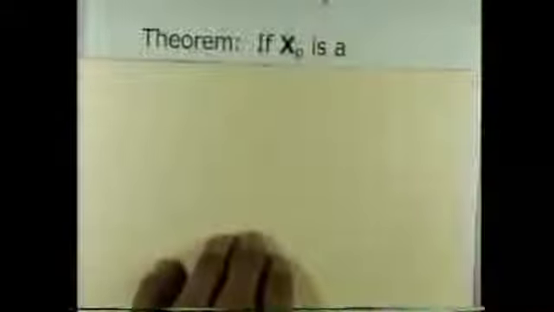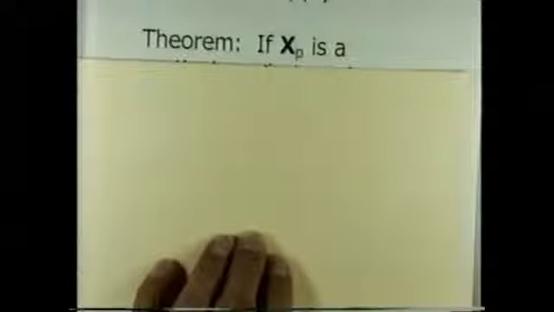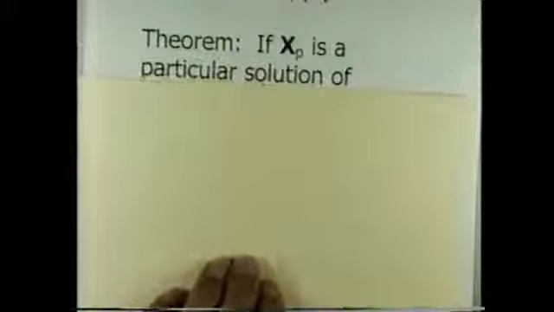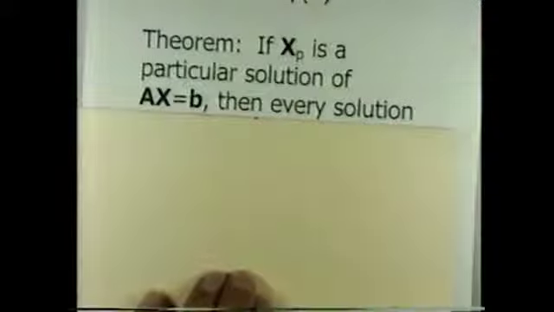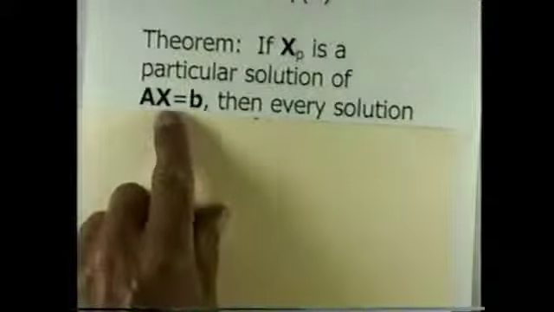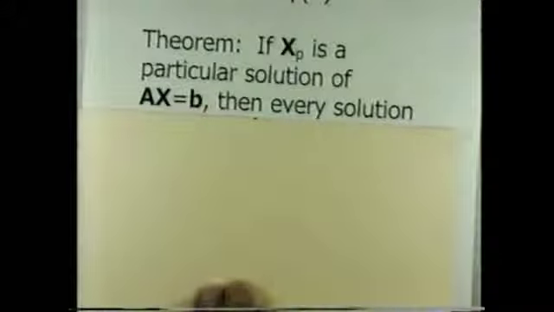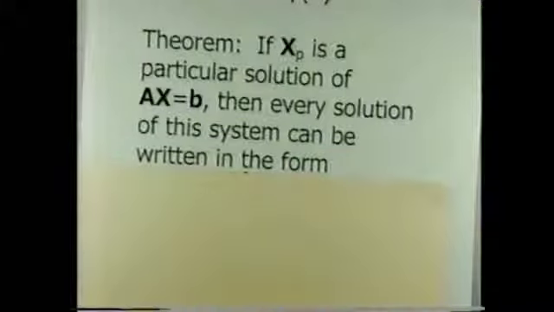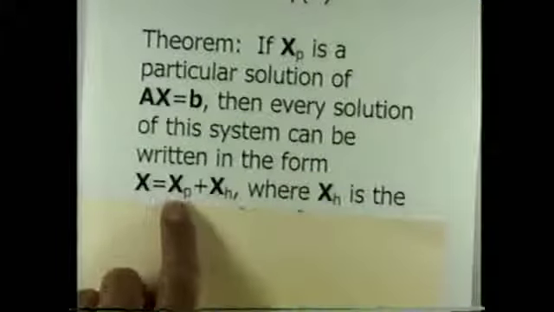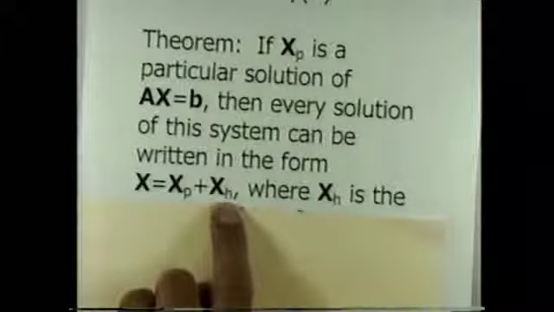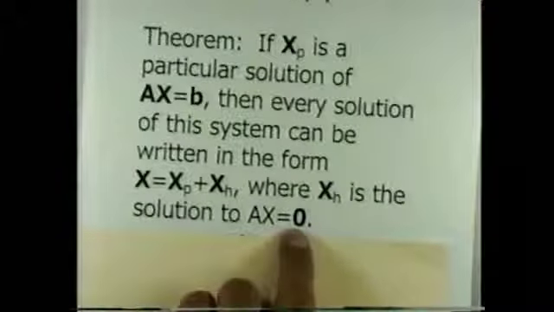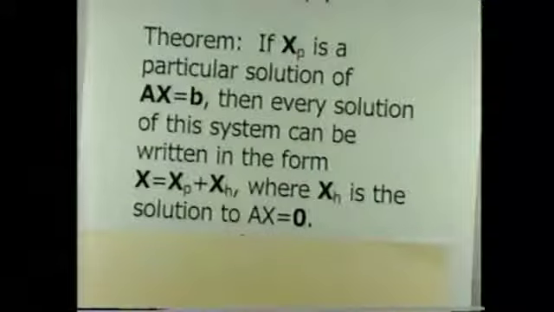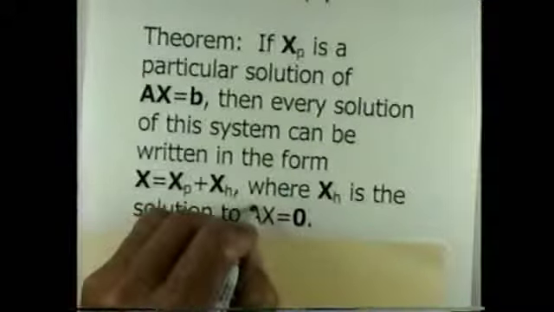So let's look at a theorem now. If x sub p is a particular solution of Ax equals b, so xp satisfies the equation Ax equals b, then every solution of this system can be written in the form x equals xp plus xh, where xh is the solution to Ax equals 0.